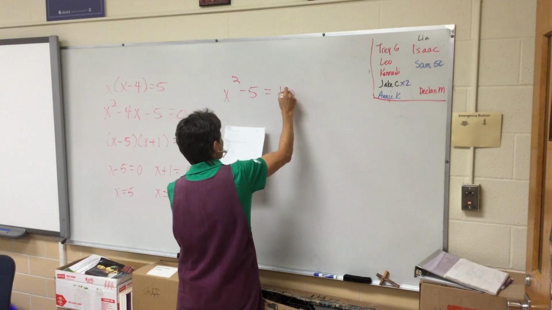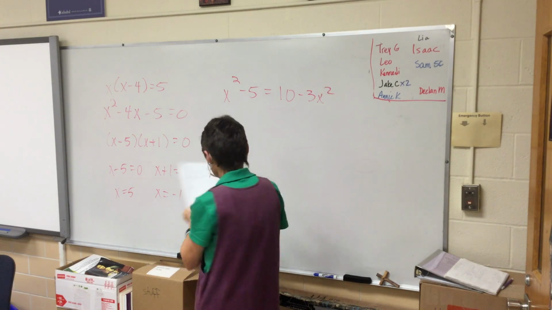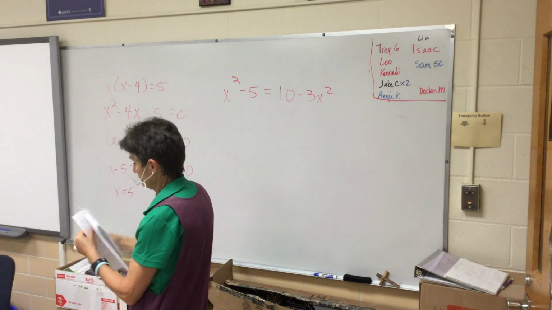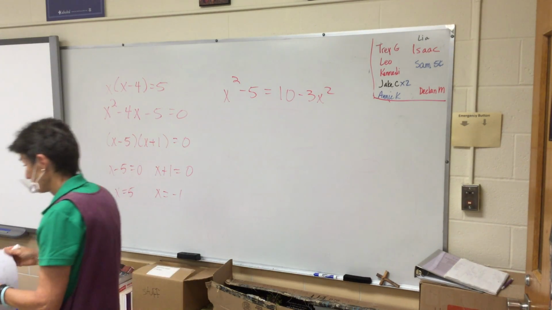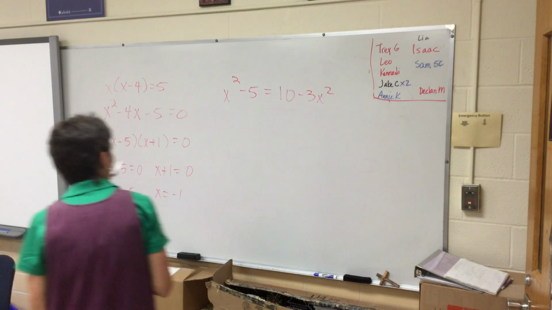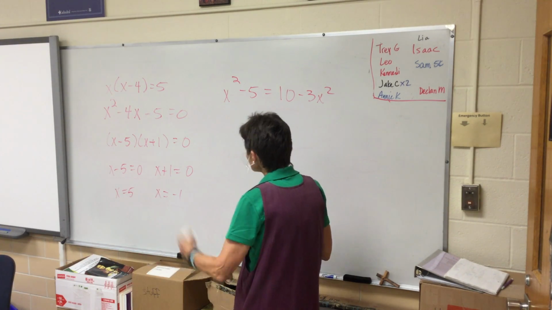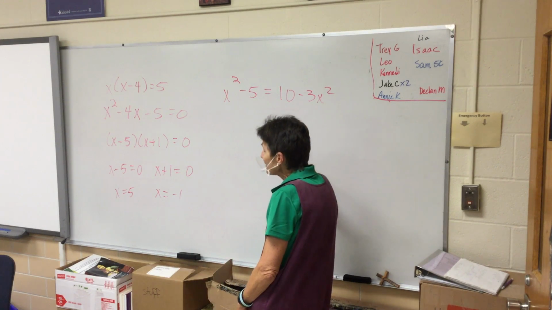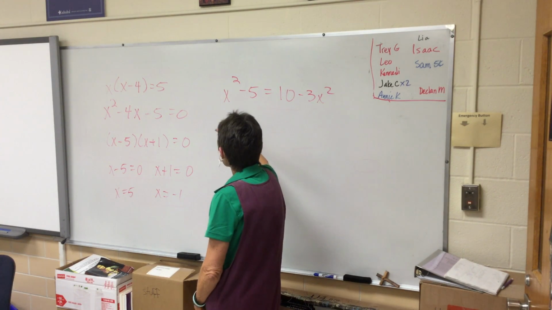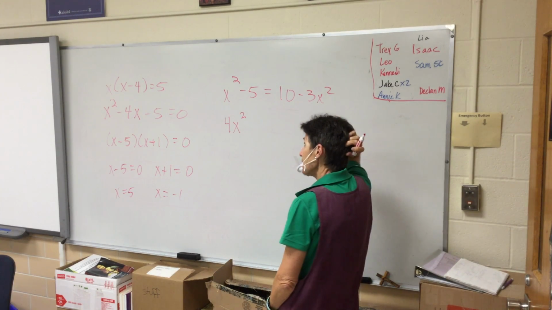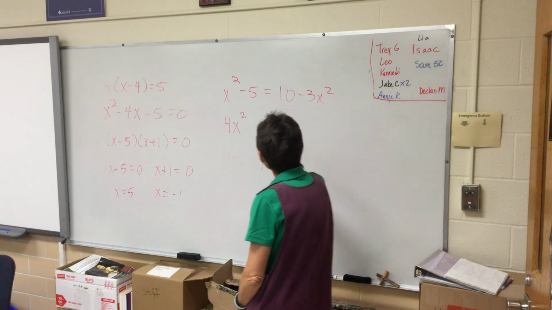All right, what about this one? So, yeah, we could subtract the x squared. That's fine. I'd rather add the 3x squared because I like to have positives on my squareds. It's just a quirky thing I have. But would it be fine if I did it the other way? Oh, sure.